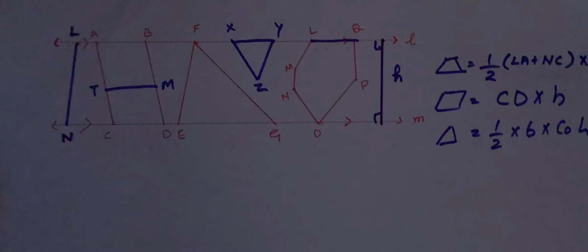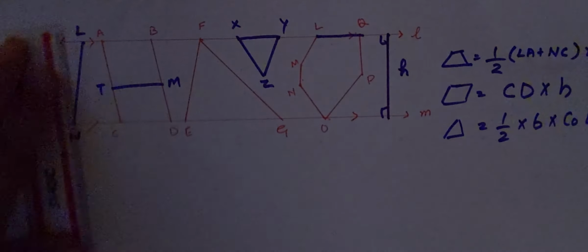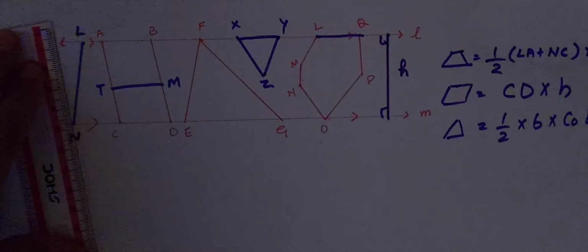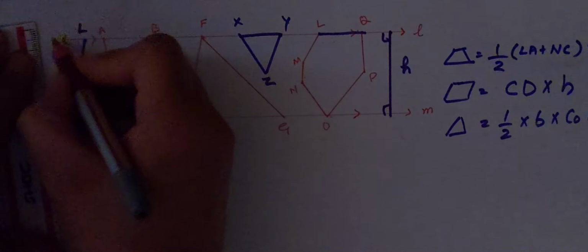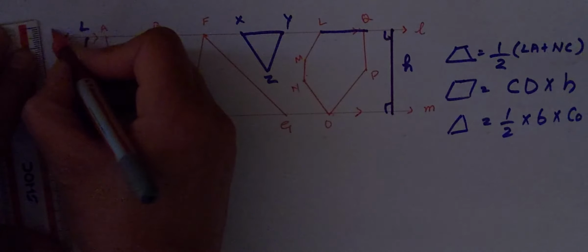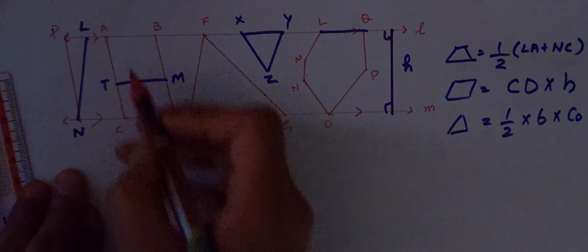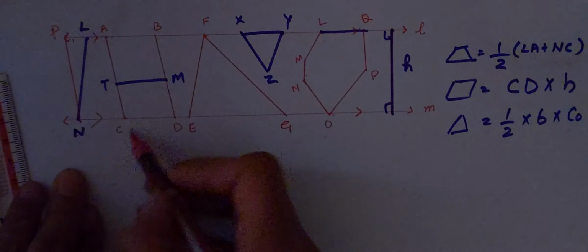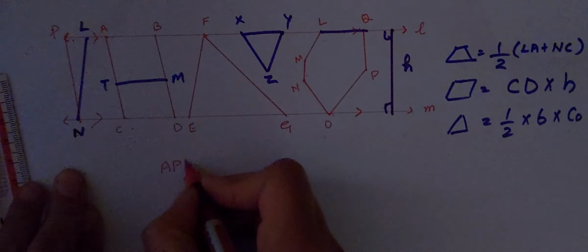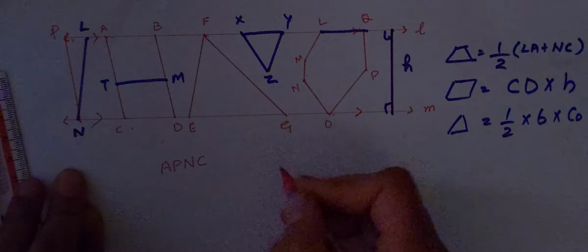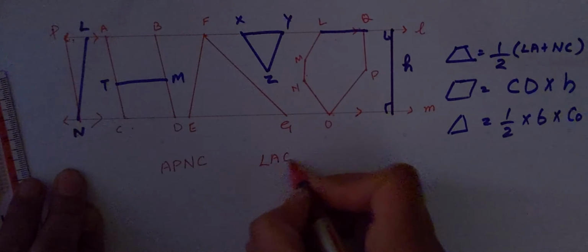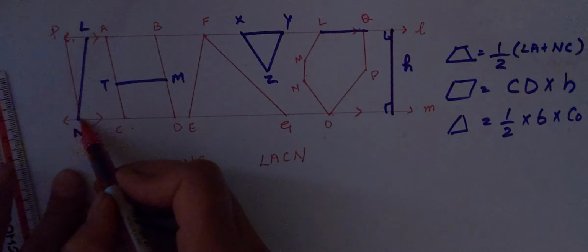Now beta, if we have this parallelogram here, APNC, and this trapezium here, LACN, what can we see? Their bases are the same.